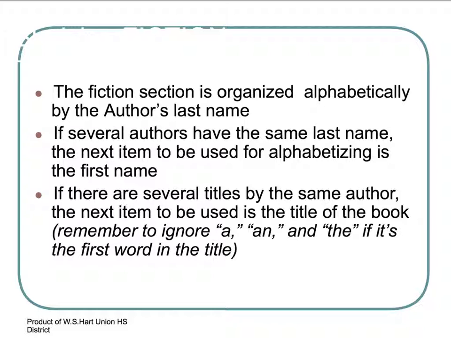And then if there are several titles by the same author, the next item to be used is the title of the book. And of course, when you're looking at the title of the book, disregard a, an, or the if it's the first word in a title. Titles beginning with a number would begin the section.